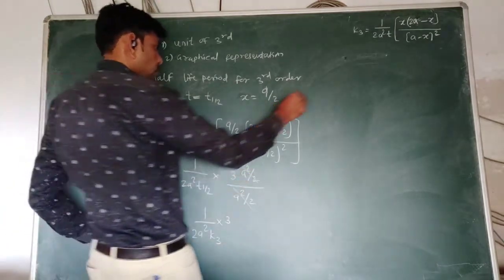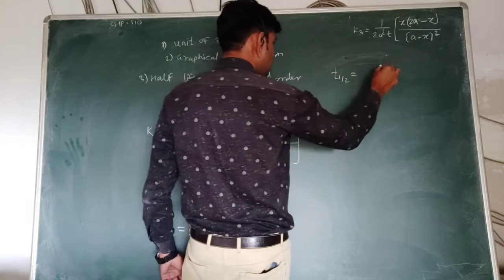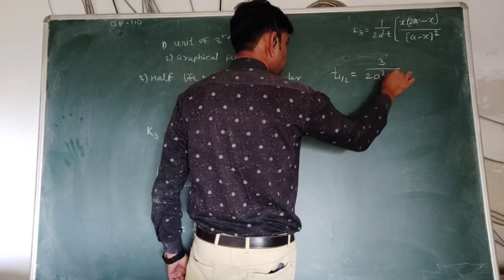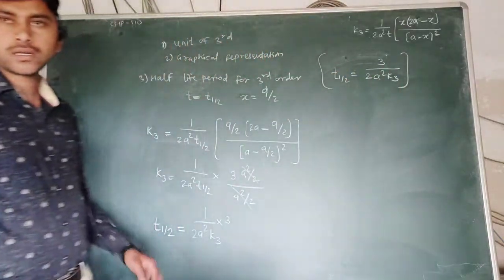So in rearranged manner, t 1 by 2 equal to 3 upon 2 a square K3. So this is the half life period for third order reaction.